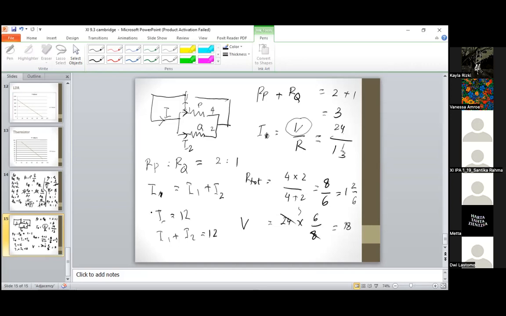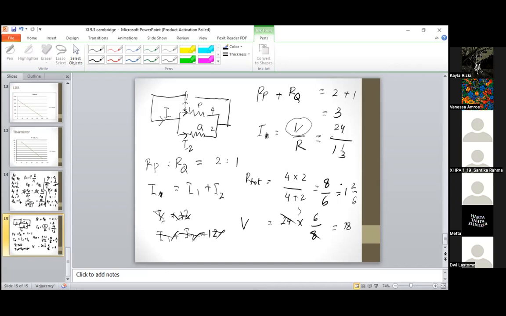I think we have to eliminate this. We have R total, or R equivalent in English. I assume it first, because you don't have any material about Kirchhoff's law, and I want to bring you into Kirchhoff's law, so I will illustrate first how to calculate, and I make some assumptions to make it easy to understand.